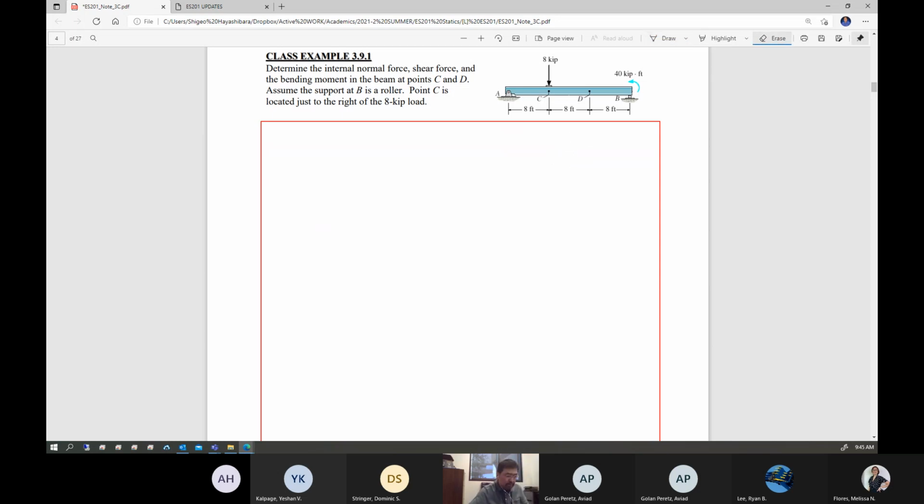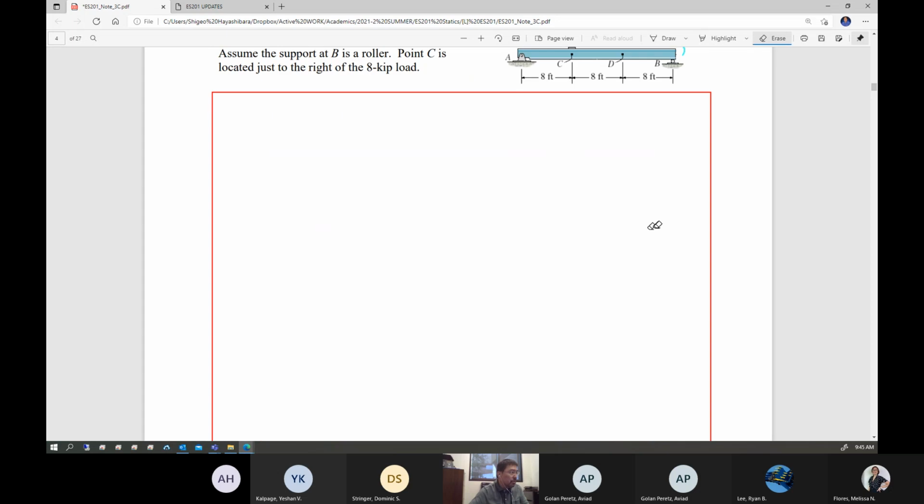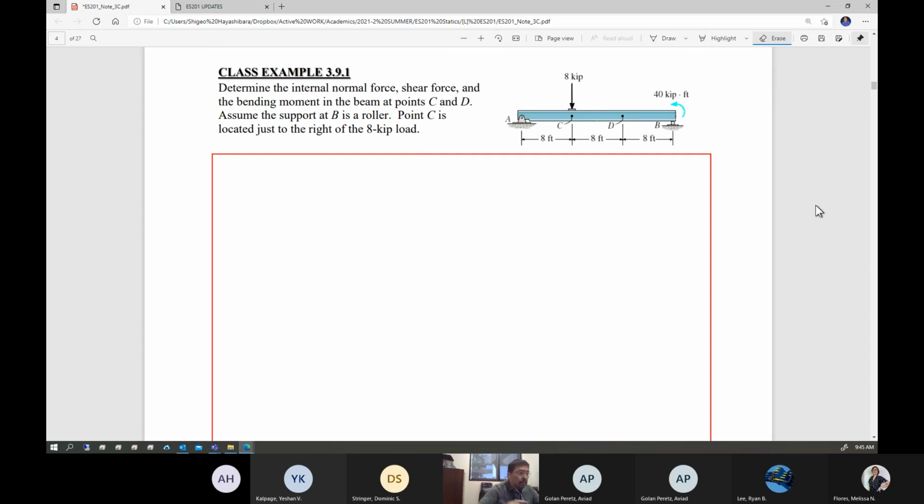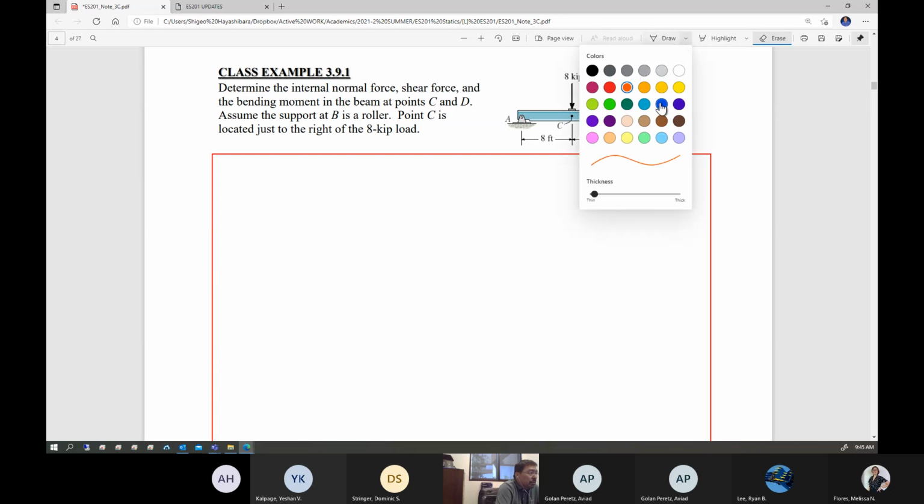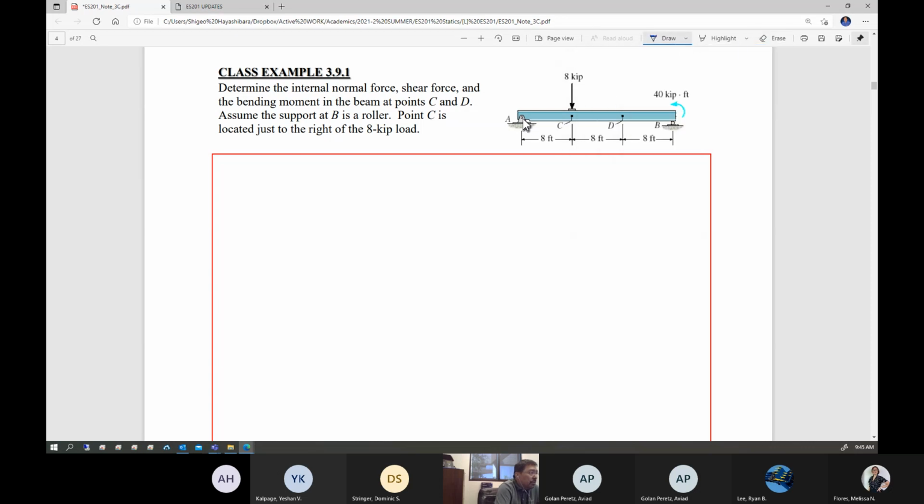So let's take a look. I'm going to draw a free body diagram. Let me zoom in a little bit. Free body diagram of the entire thing to begin with, because it looks like this has 2 support reactions and this has 1 support reaction.